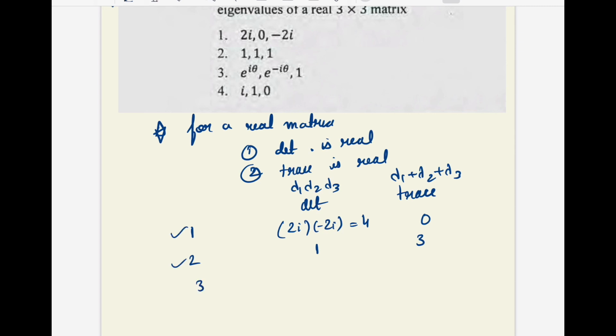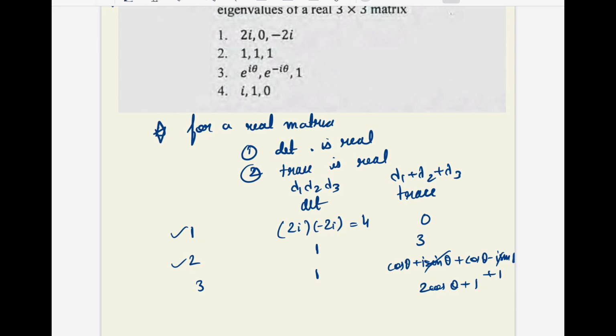Third option, e to the power i theta multiplied by the other, this becomes 1. The sum becomes e to the power i theta, that means cos theta plus i sin theta, plus cos theta minus i sin theta, plus 1. This becomes 2 cos theta plus 1.